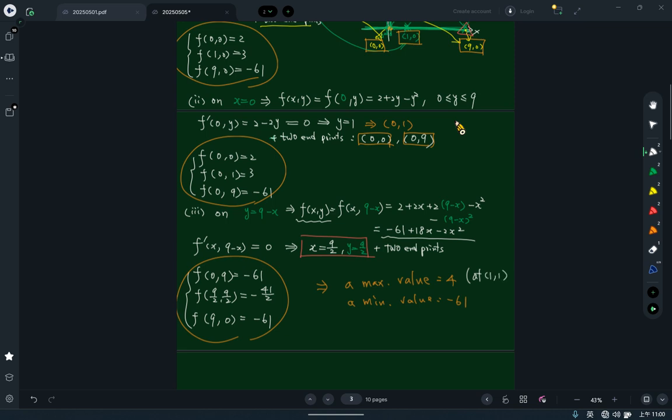This can be at (0, 9) or (9, 0). Okay, so finally, this is our final result. So you need to check all candidates, and finally find its maximum value and minimum value.